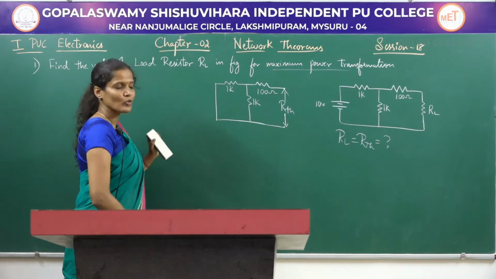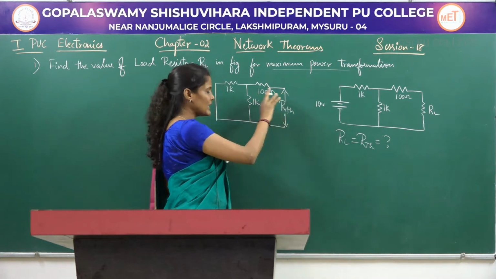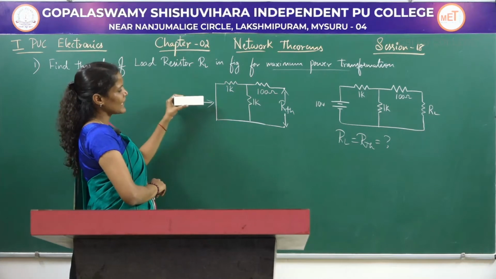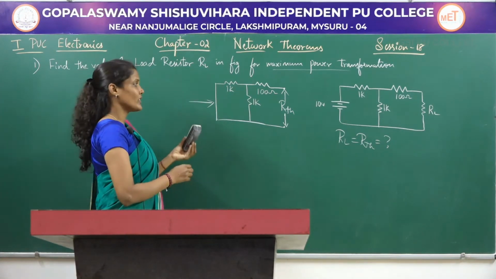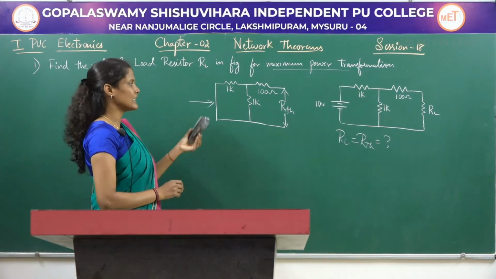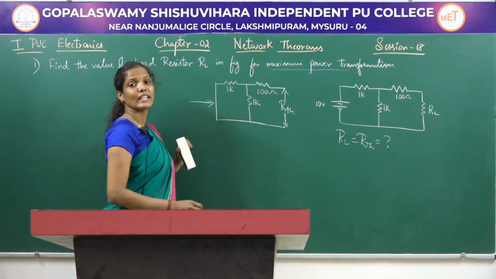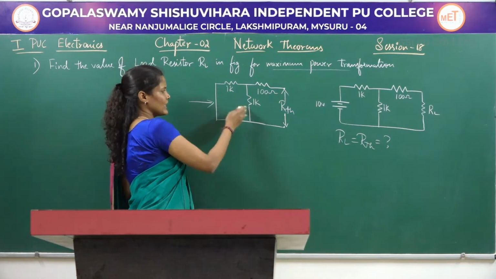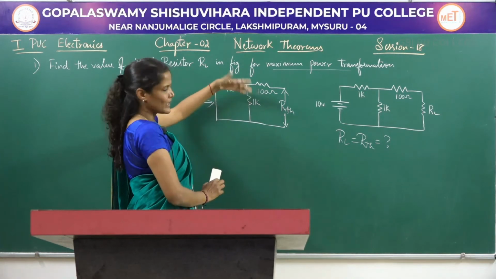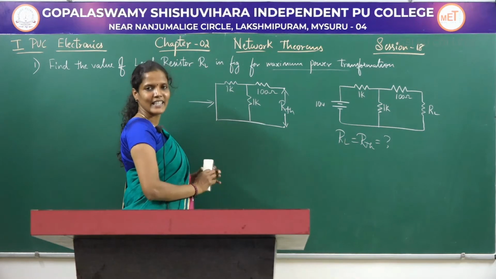I have already told you that whenever you want to find the equivalent resistance across any two terminals, observe the diagram from the opposite end of that side. Then from this end, analyze the connections of the resistors, whether they are connected in series or parallel, and solve accordingly.